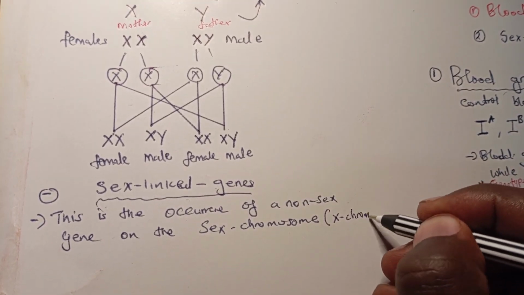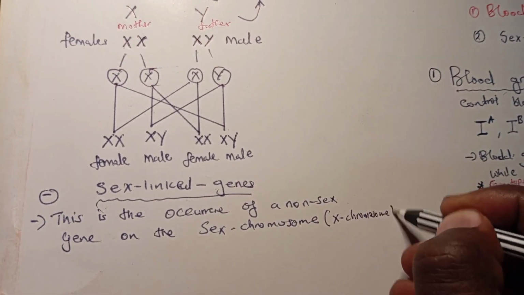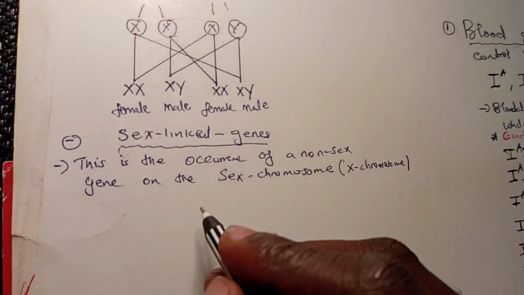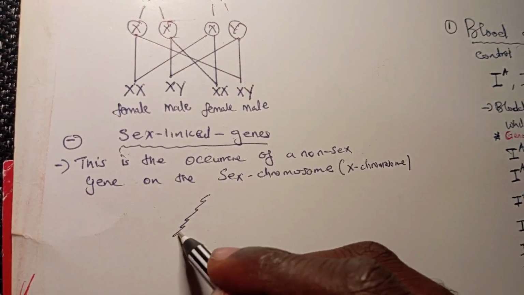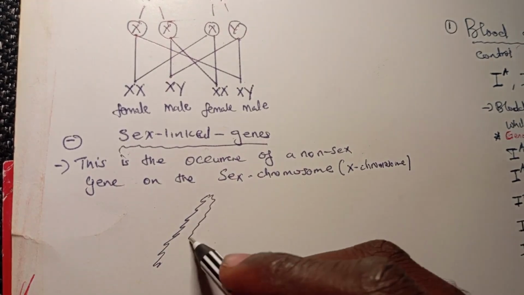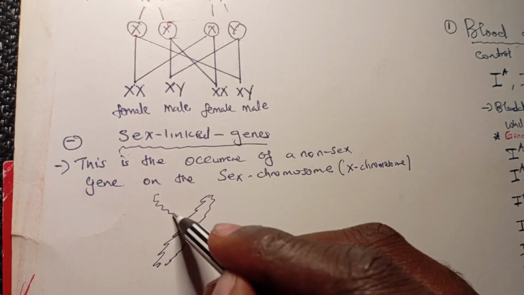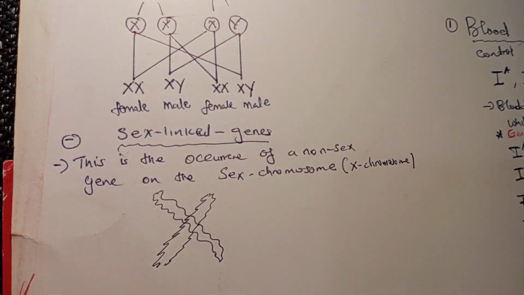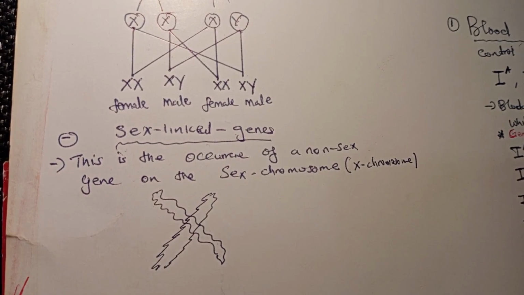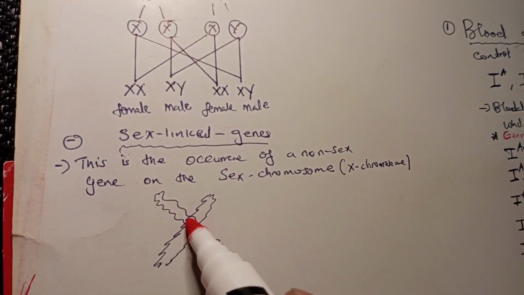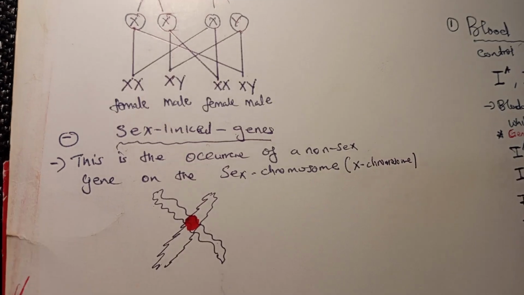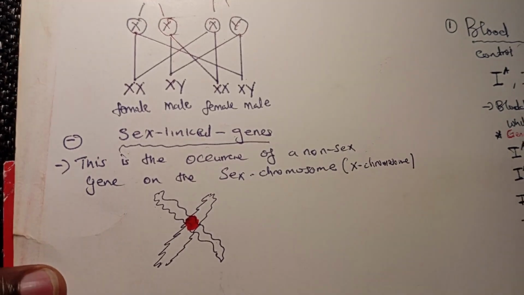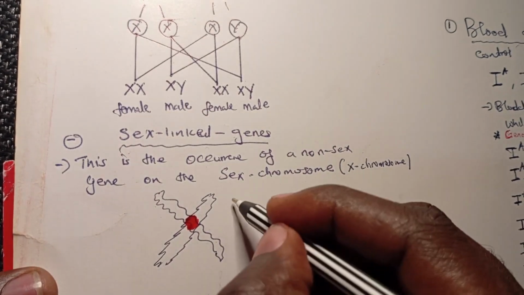Okay, so let me just try to explain it further so that you get what I'm trying to say. Let's say this is the X chromosome. We give just this illustration here. This is the X chromosome, the centromere there. So this is a sex chromosome.